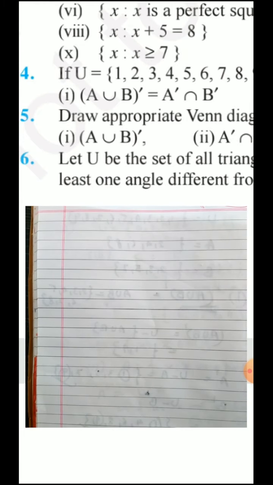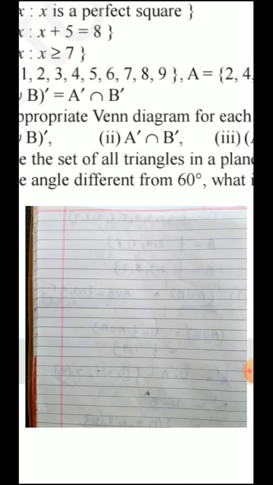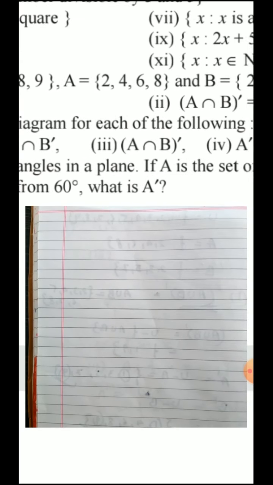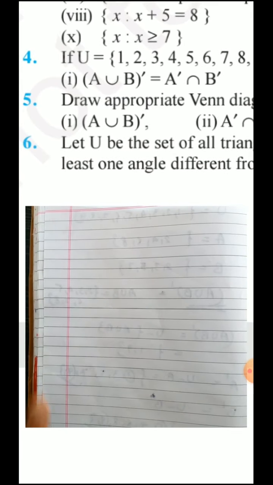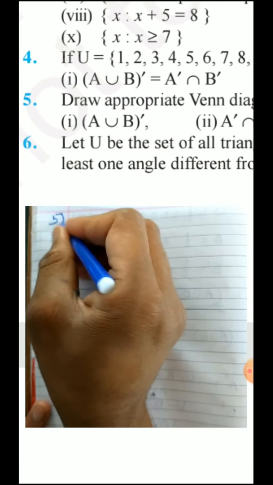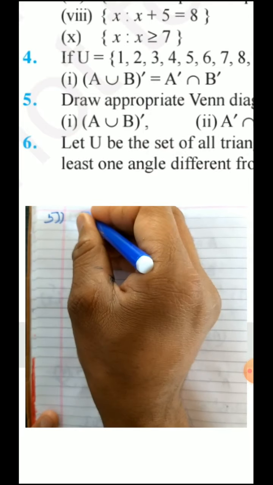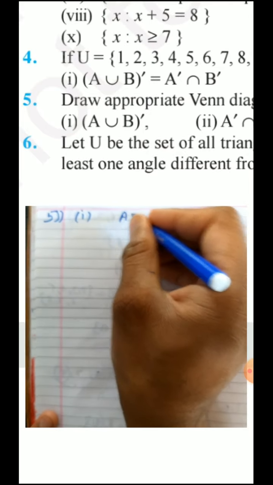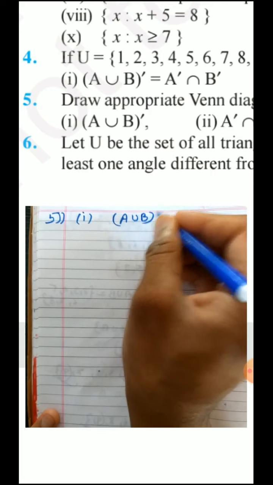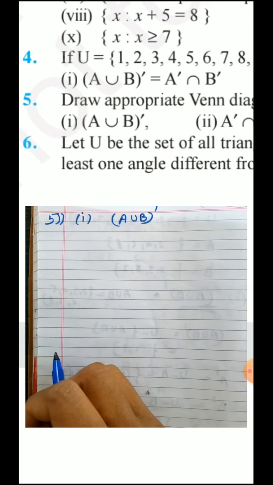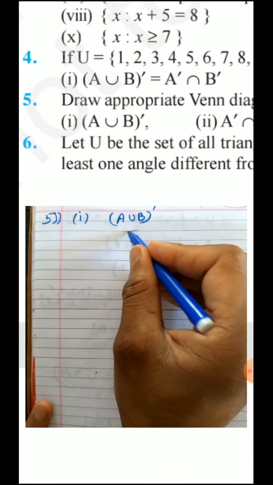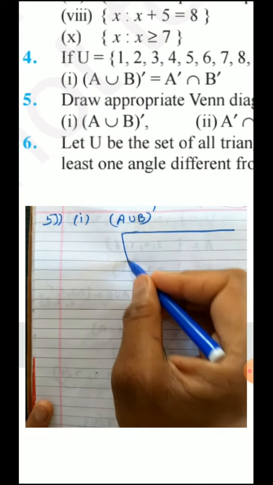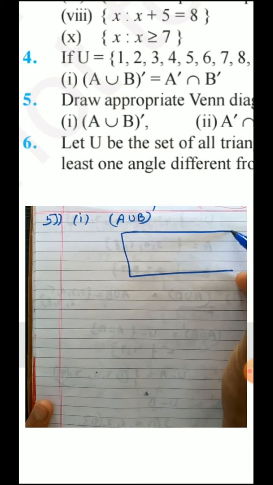Now come to question number 5. Draw the appropriate Venn diagram for each of the following. First part: (A union B)', meaning A union B whole complement. My dear student, a rectangle represents the universal set, as you know very well.